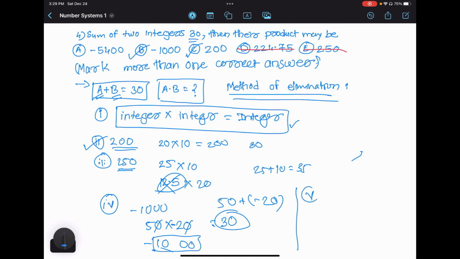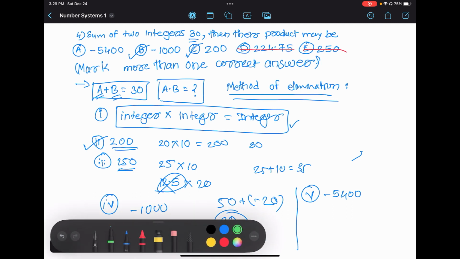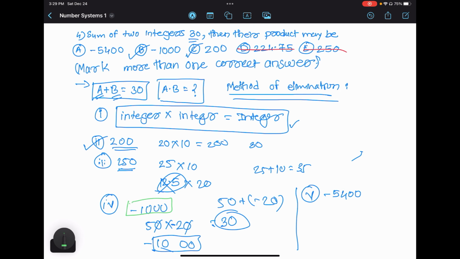Now let's perform our final verification, which is 5400. Even for 1000, I started with just thinking about 10. 5 multiplied by 2 is 10, and that's why I did 50 and 20. Similarly, the approach should be to find something for 54 first, and see if that calculation can make up to a multiple of 30.